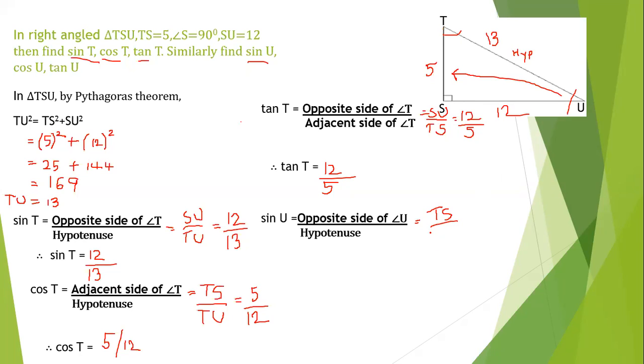So here we will write TU. Now what is the value of TS? It is 5, right? So we will write here 5 and TU is 13. So we will write 13. So we got sin U as 5 upon 13.